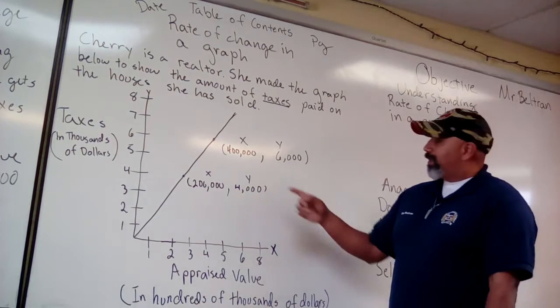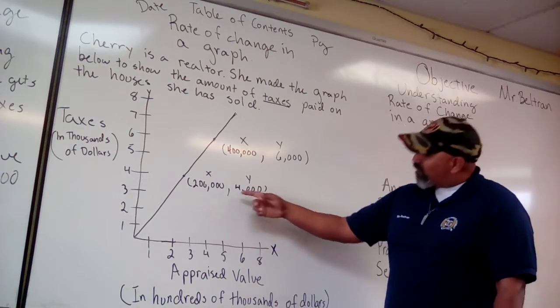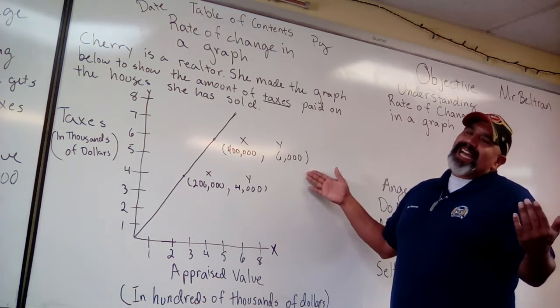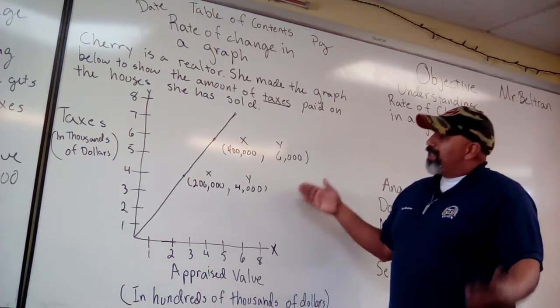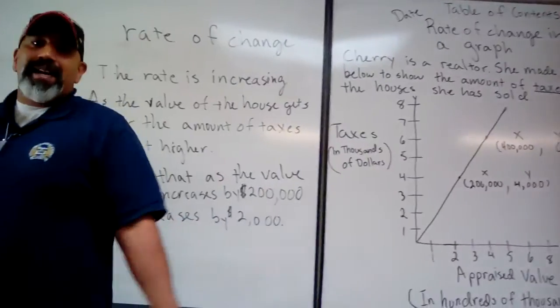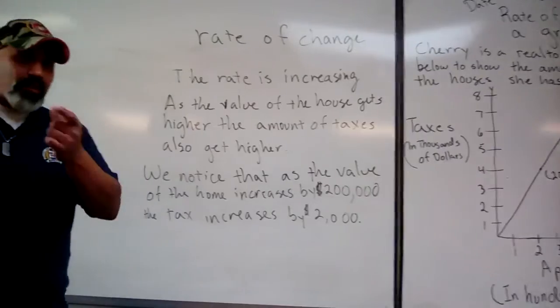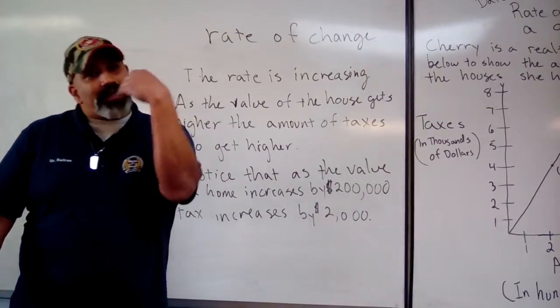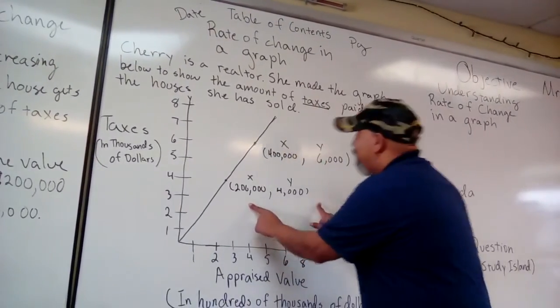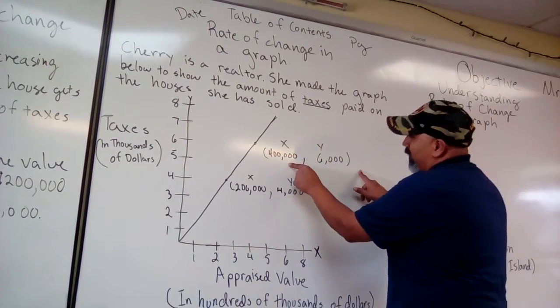Well, we increase by $2,000. $4,000 plus $2,000 gives us $6,000. So right here, when we look at it, how is it described? It's described as a ratio from one quantity to another quantity.